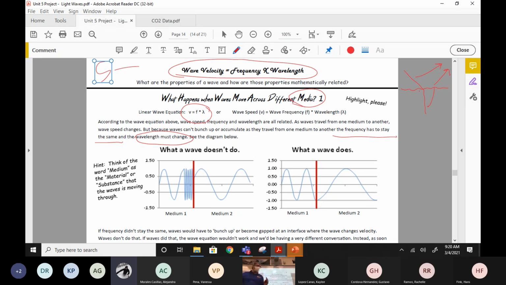So keep that in mind as we move forward on this. When the wave moves from one material to another, when it crosses media, frequency stays the same, the same number of vibrations per second. But that forces the wavelength to either spread out or squeeze together as it travels through different media.